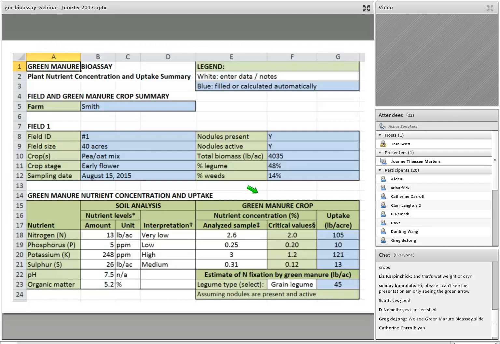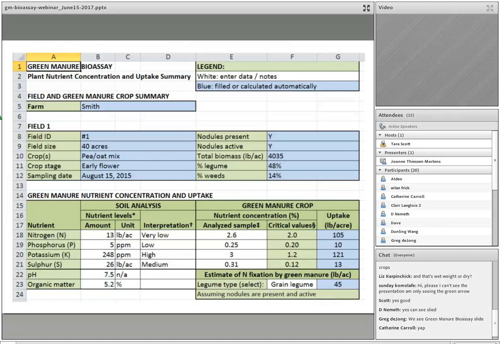So you can see down in the lower left side of the page, there's a place to enter the soil test results. You just have to get those off of the results from the lab and enter them in there. You would also give the soil test results directly to the farmer, the complete test, but it's just to have them there side by side with the analysis of the green manure plant tissue for comparison purposes.